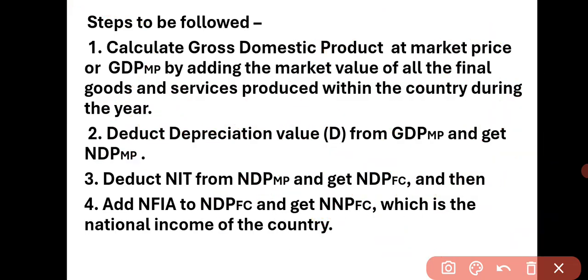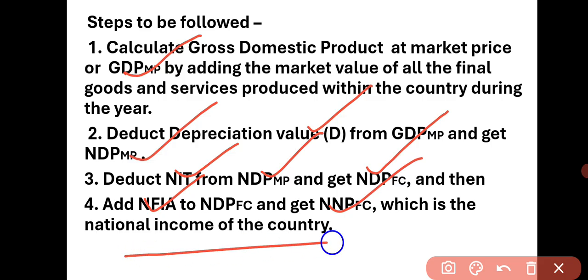So you see here, first get GDPMP, then deduct depreciation from GDPMP to get NDPMP, then deduct NIT from NDPMP to get NDPFC, then add NFIA to NDPFC and get NNPFC, that is the national income. This is how we can calculate national income in the product method.